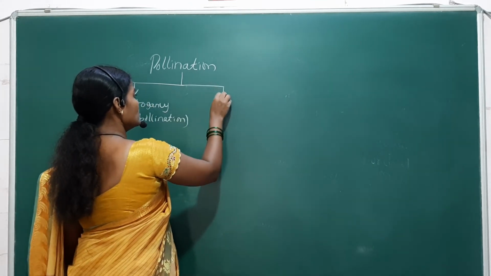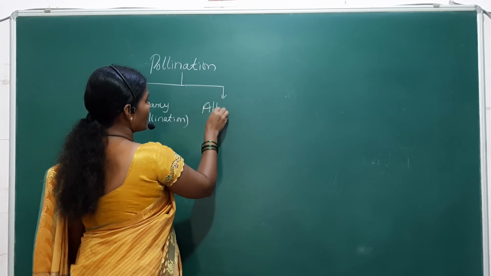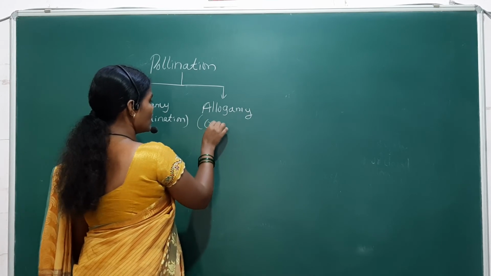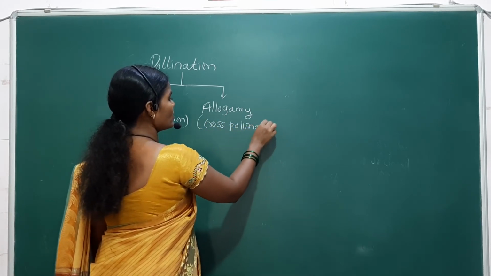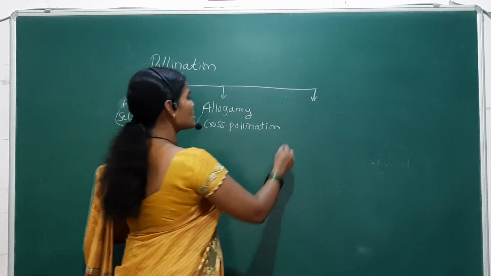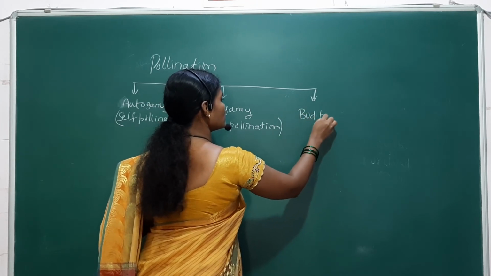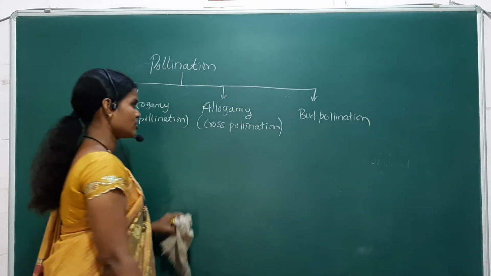Then next is allogamy, or cross-pollination. And next is bud pollination.